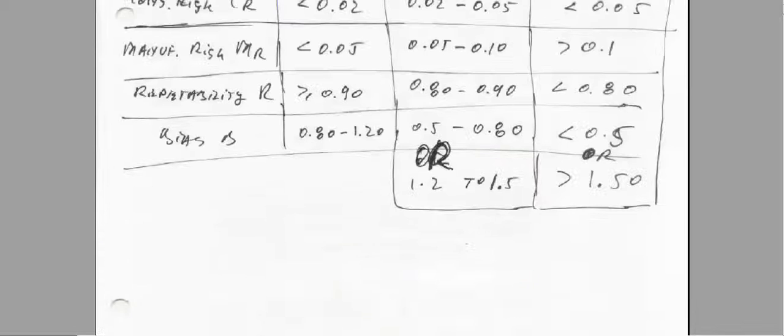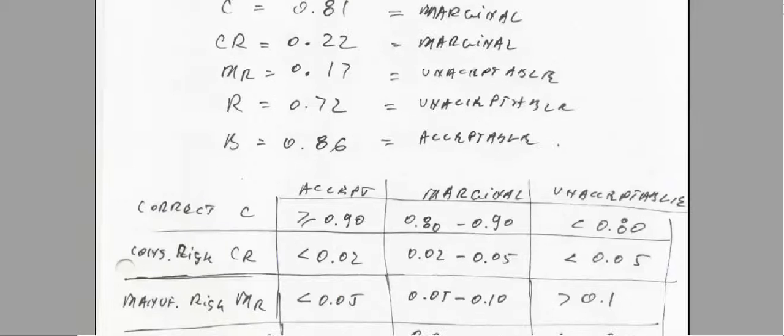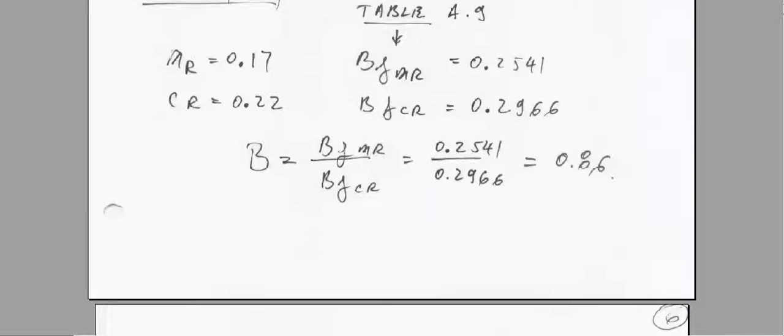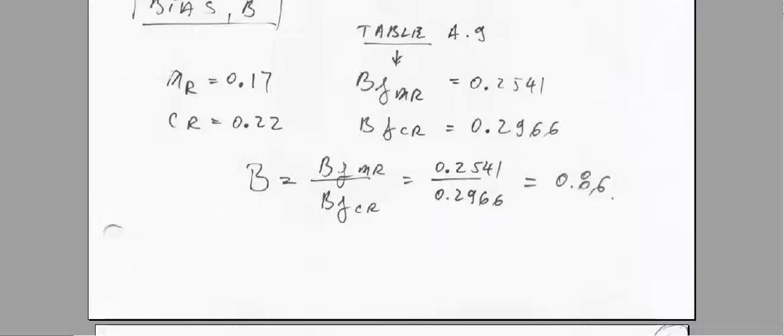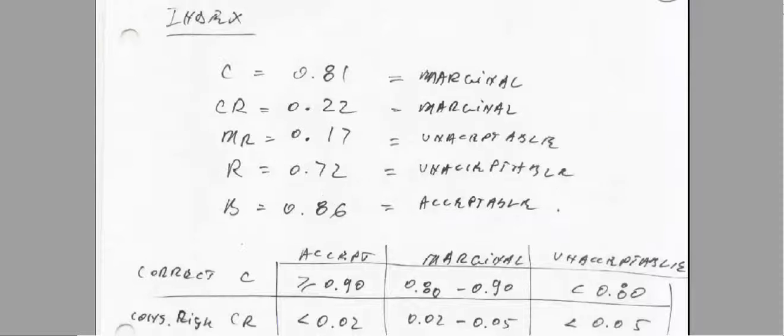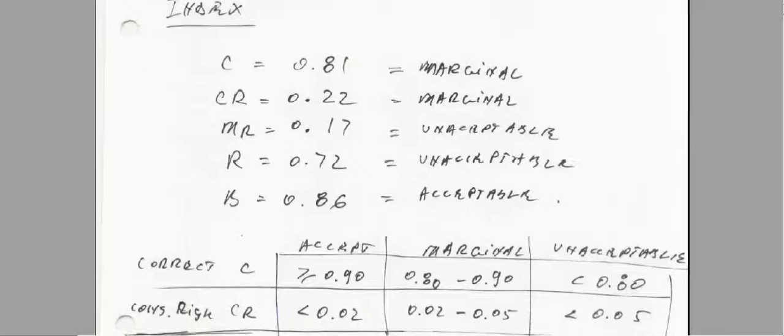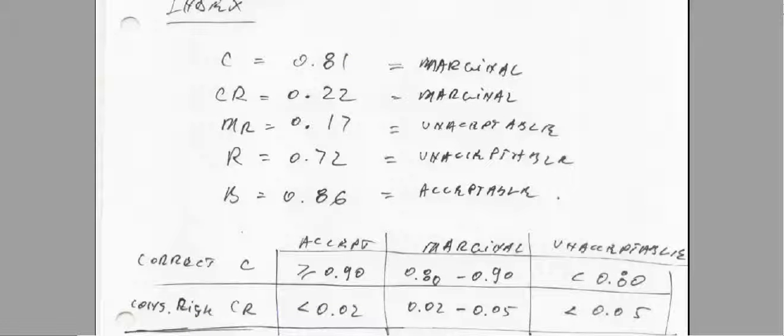We will return now to the previous calculation, and plugging in those numbers, the bias would be the ratio between the bias factor for manufacturing risk over the bias factor of the consumer risk, and the ratio is about 0.86.